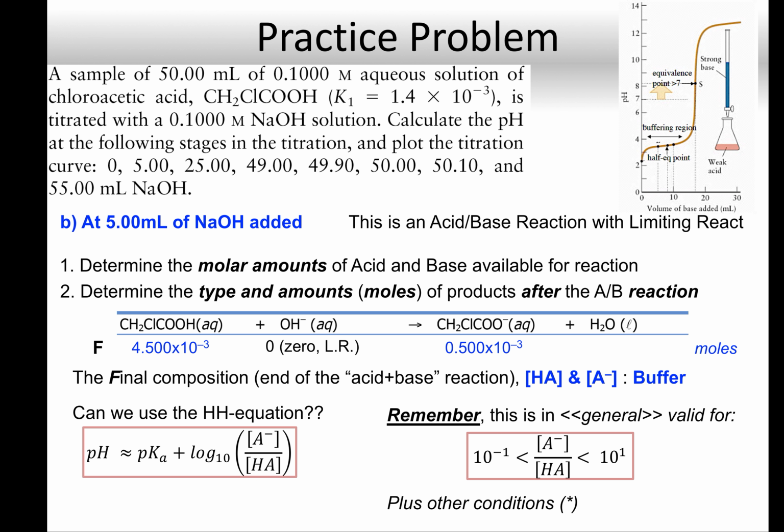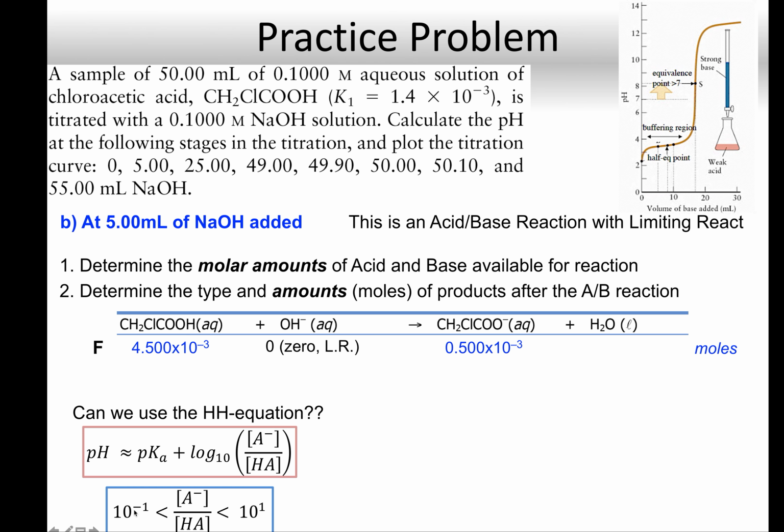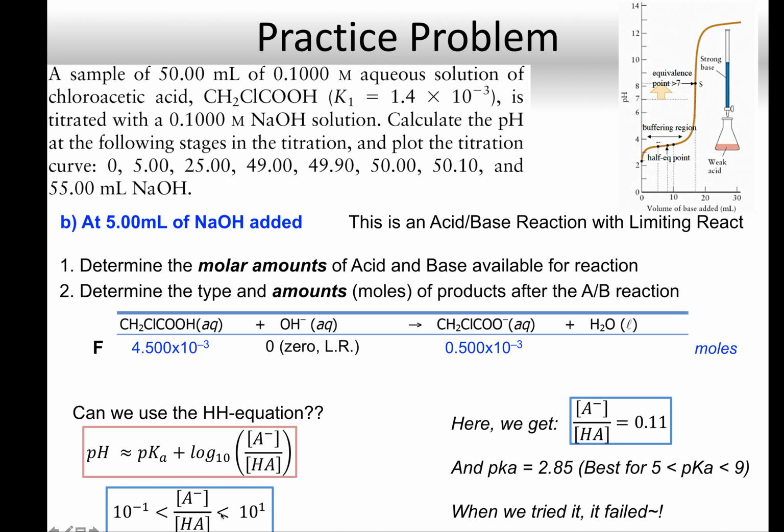Remember that this Henderson-Hasselbalch equation is actually an approximation, and it's only generally valid whenever you have the ratio between the concentrations of the base and the acid somewhere in an interval of 0.1 and 10. In this case, what we calculate is that it's equal to 0.11. So we are getting really close to the boundary that makes this equation valid. We're getting on this side of the boundary.